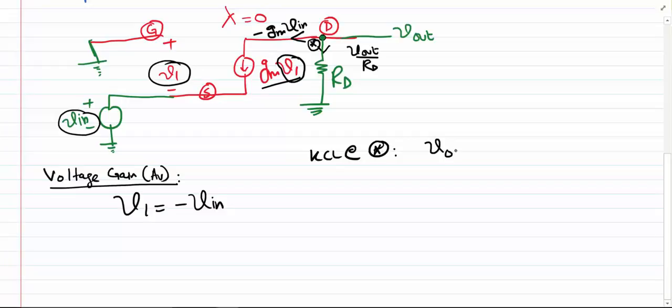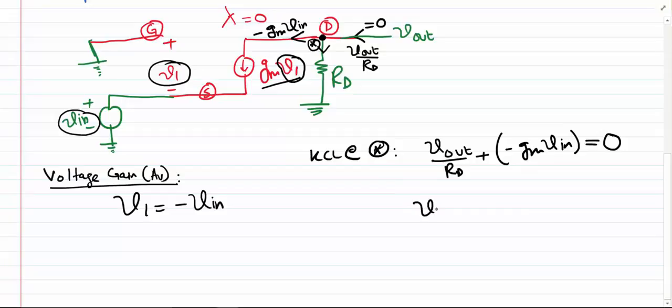The current leaving the node is Vout over RD plus minus gm Vin, and the current entering the node is equal to 0 because there is no current entering the node. If I rearrange this equation, I get Vout over Vin equal to gm RD, and the ratio of Vout and Vin is the voltage gain.